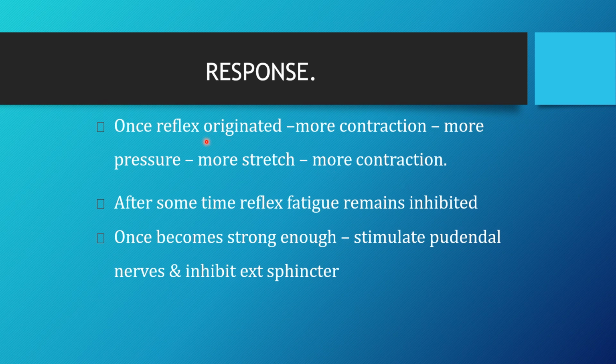The response of the micturition reflex is, once the reflex originates, more and more contractions occur, pressure increases, stretch increases, and then after some time it relaxes, fatigues, and remains inhibited. This is at the initial stages. And once the reflex becomes strong enough, stimulation of the pudendal nerve is inhibited, and that's how the micturition process takes place.